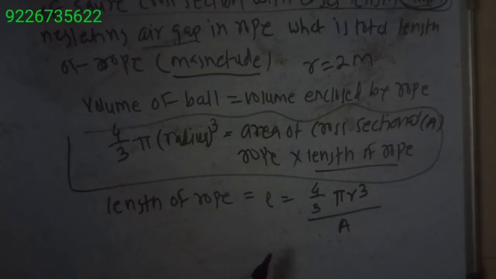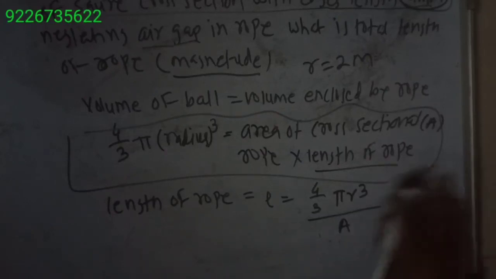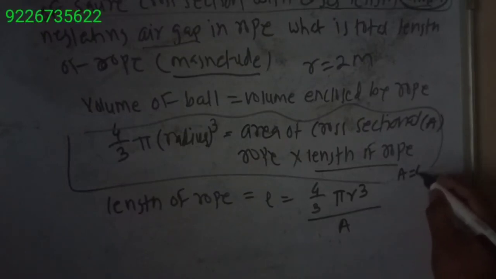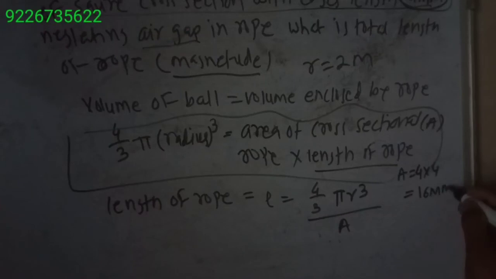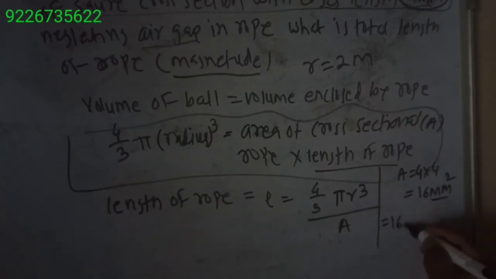So with 4 mm edges, the area is 4 multiplied by 4 equal to 16 millimeter square. We need to convert millimeter into meter, so it is equal to 16 into 10 raised to minus 6 meter square.